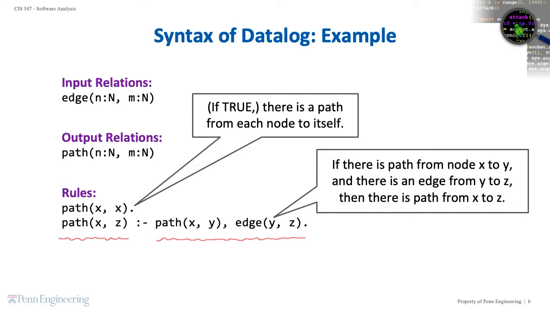Relations separated by a comma are ANDed together. The first inference rule, because it has no hypotheses, acts as an axiomatic statement. Finally, a period is used to end each inference rule.